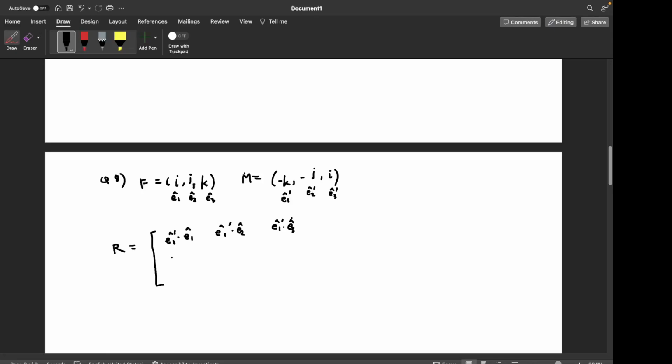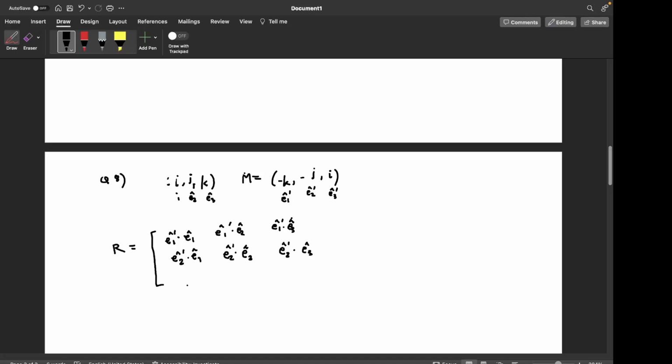And again, the next row would be E2 prime dot E1, E2 prime dot E2, and E2 prime dot E3.